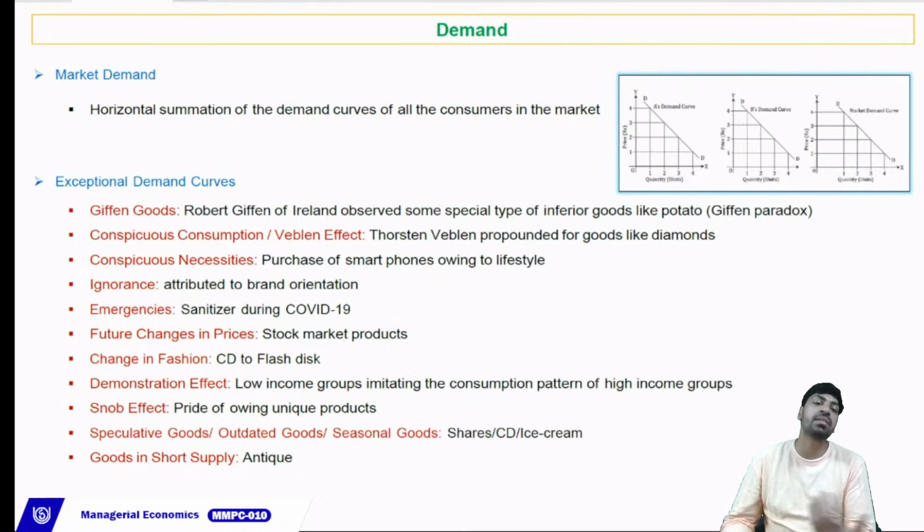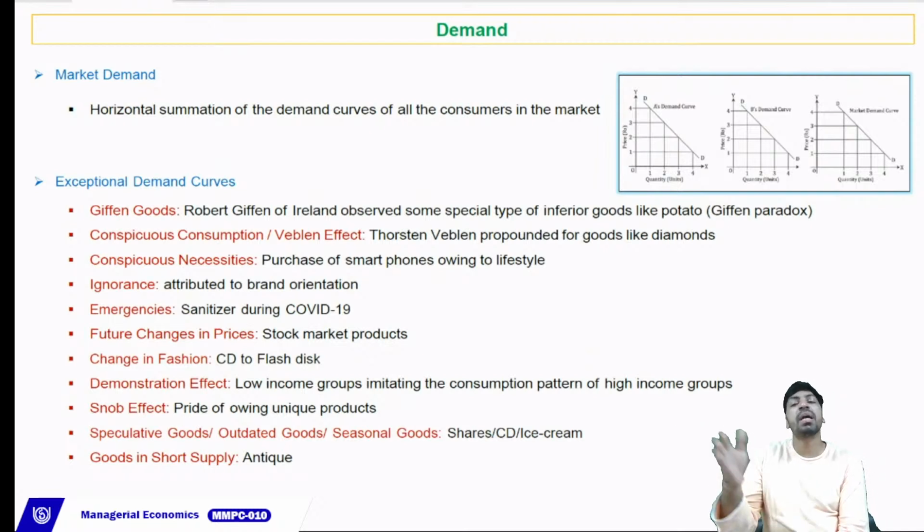Potato always has a full month's demand or 12 months' demand, so there is no law of demand to be followed. There is no inverse relationship, and no positive relationship with respect to prices. The price has no role in demand. That's called the Giffen paradox.